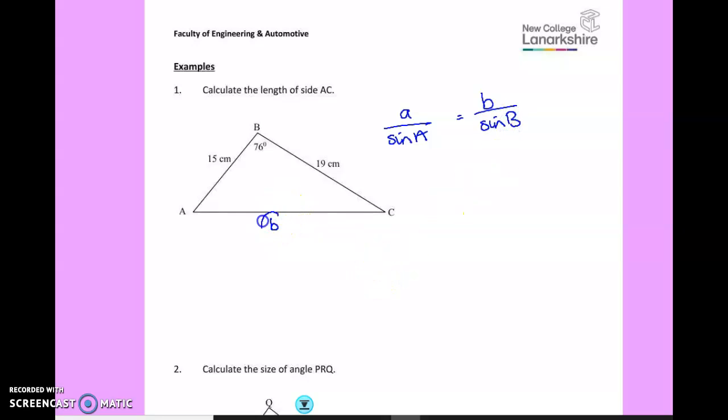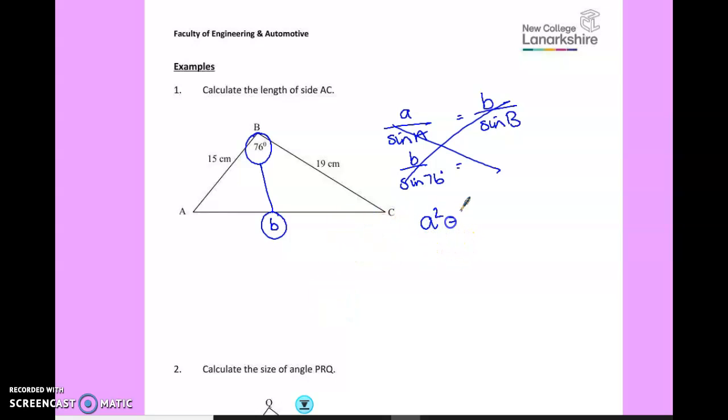I need two sets of pairings. The side I'm trying to find, I've got the opposite angle. That's perfect. When I come to the next part, I've got two sides, but I don't have any of the other angles, so I can't do the sine rule. It doesn't work.